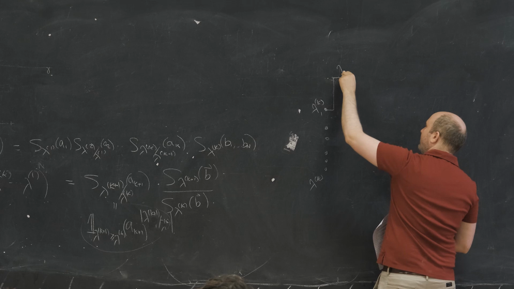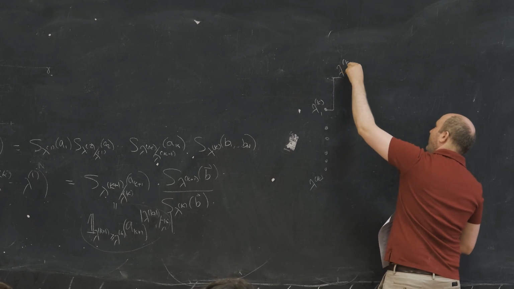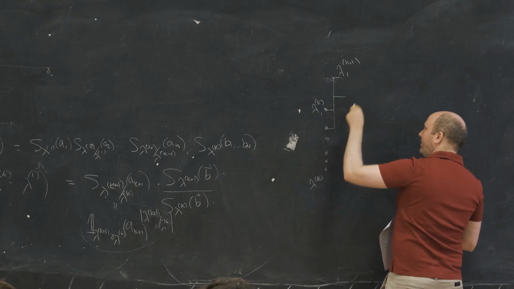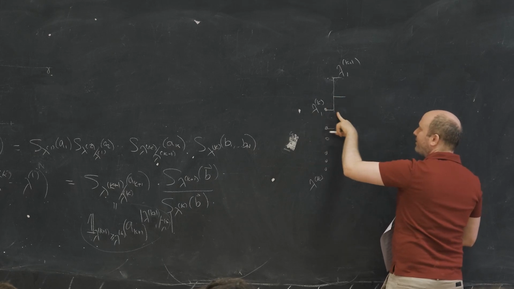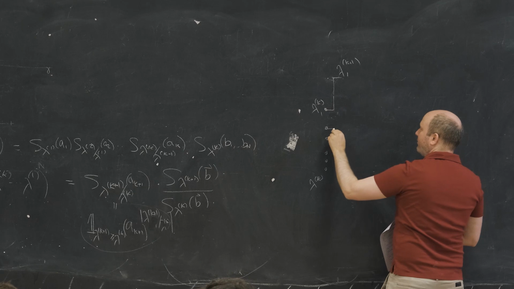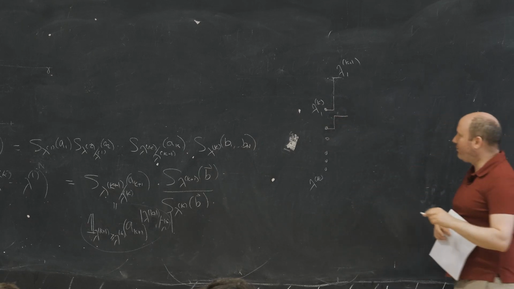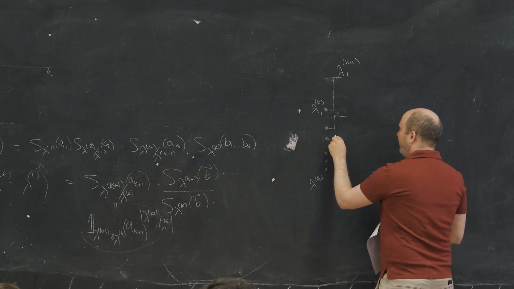And then this would become lambda 1 k plus 1. And this one would take a geometric step, and so on and so forth. But I have the indicator function. So the indicator function kills me if my random walks intersect each other.